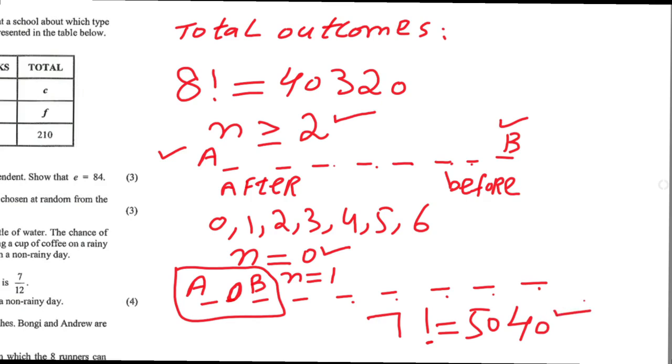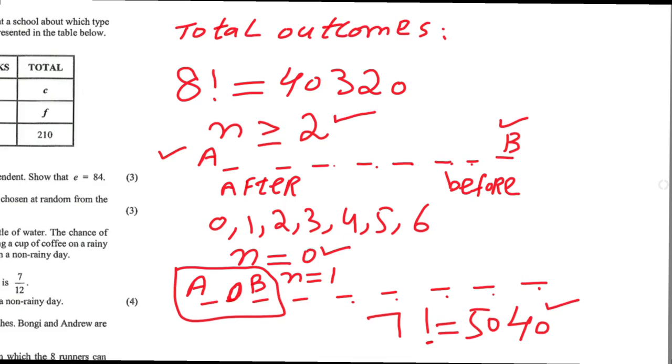This case is solved in 11.3.1, where A and B have nothing in between them, so 7 factorial.